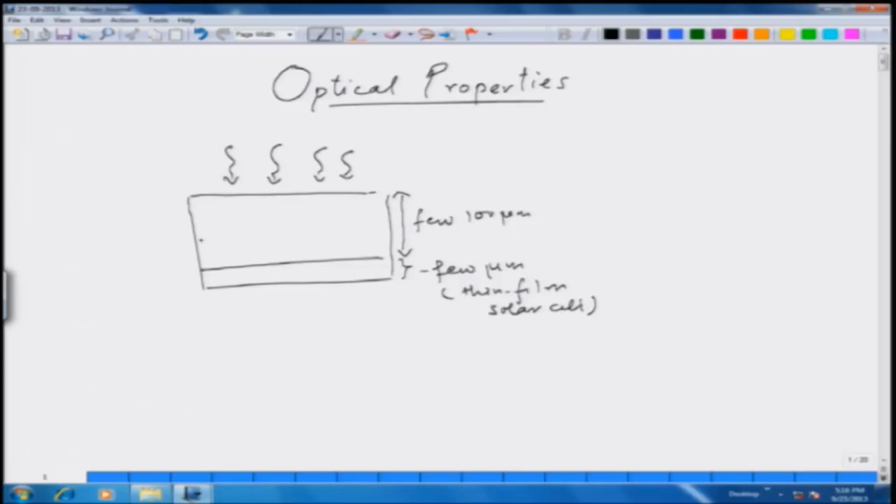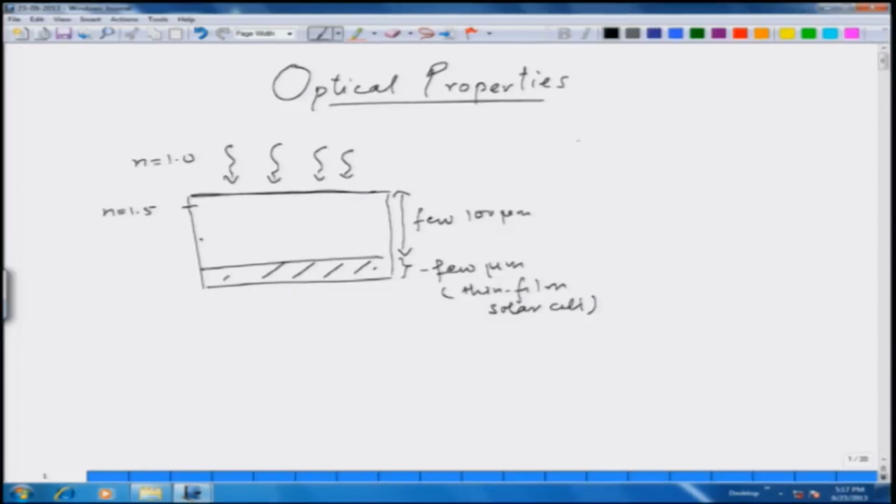Now, my purpose here, if I am using it as a solar cell, is to absorb as much light as possible in the active area of the device. If I have this glass substrate, taking the refractive index of the ambient as 1 and for glass as 1.5, I have developed earlier a formulation for finding the total reflectance, how much light is reflected back, which in normal incidence is given by (1.5 minus 1) over (1.5 plus 1), squared.